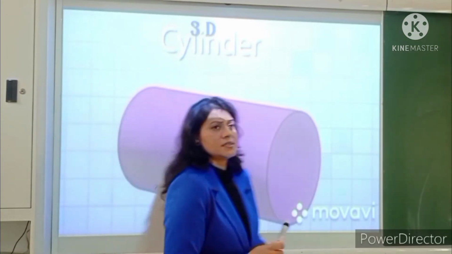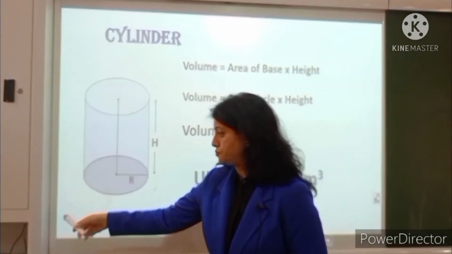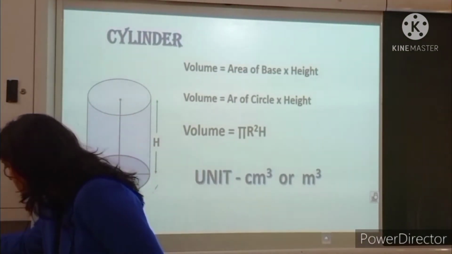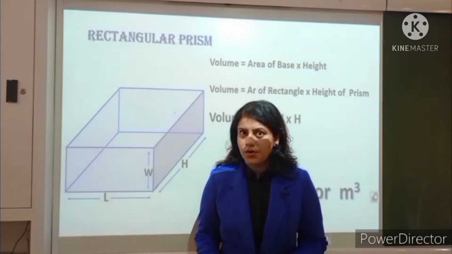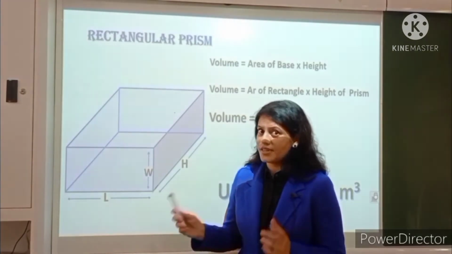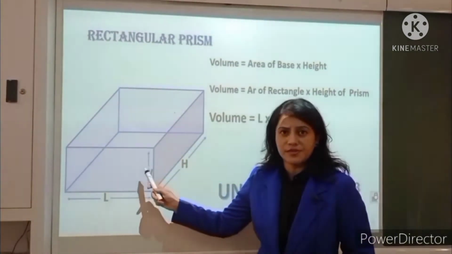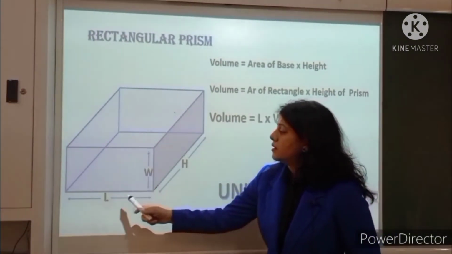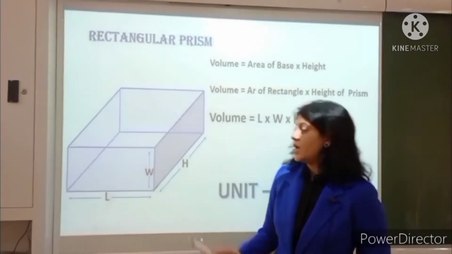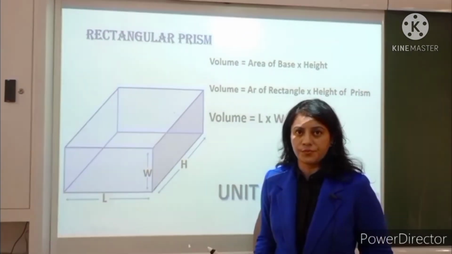Now, let's calculate the volume of a rectangular prism. The base of the rectangular prism is a rectangle whose area is length times width, and the distance this rectangle got extended is the height of the rectangular prism.